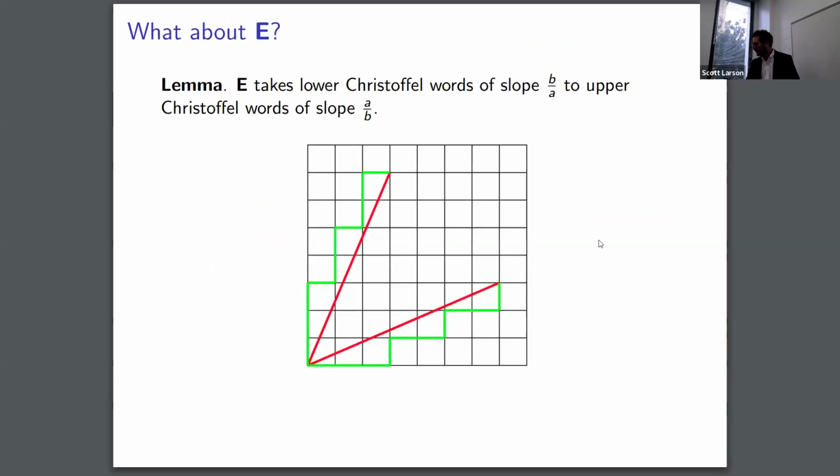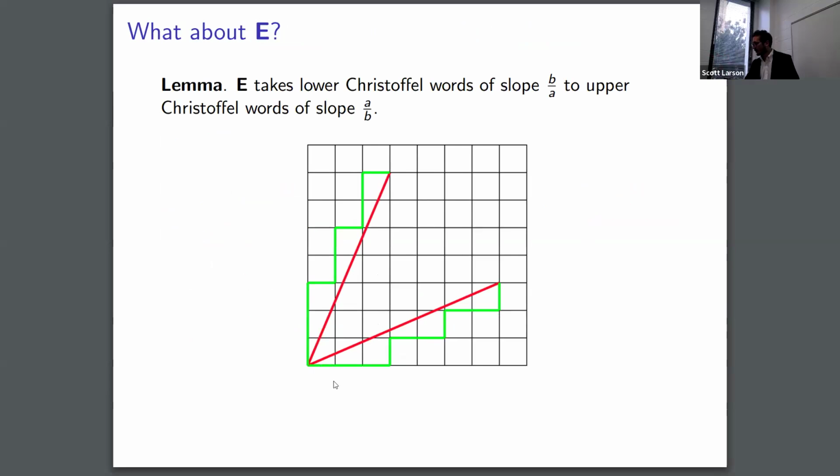But what about E? So the first fact we're going to need about E is that it takes lower Christoffel words to upper Christoffel words. That fact is pretty easy to realize geometrically. So if this is our lower Christoffel word here, E, just as a reminder, basically just swaps the X's and Y's.